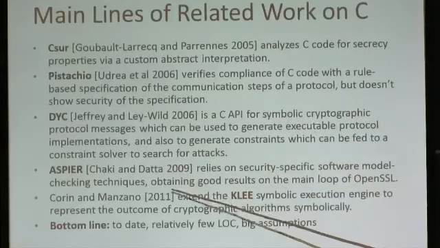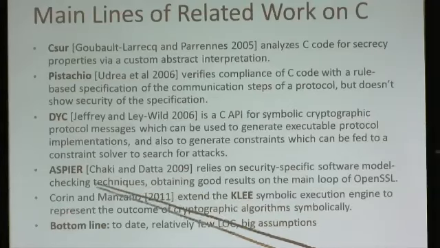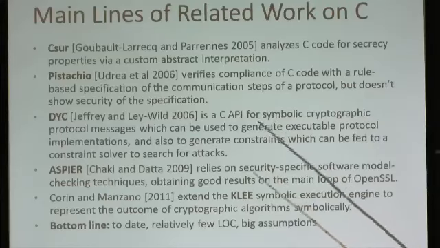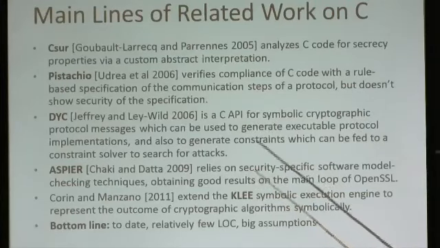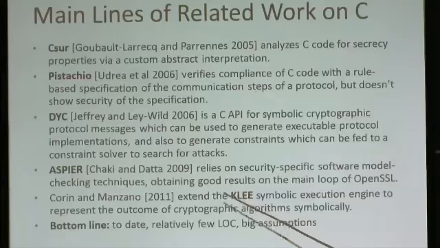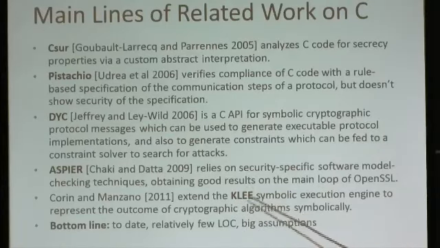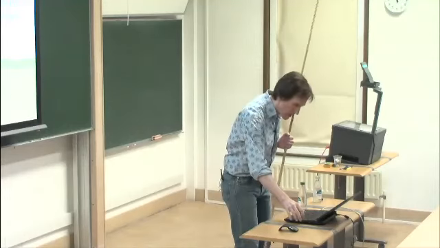A much more substantial project was Aspire, done at CMU by Chaki and Datta, and they were able to prove results about the main loop of OpenSSL, but to do so they did a lot of abstraction about what other subroutines called from the main loop were doing. We really only abstract the behavior of crypto operations, but they were abstracting much bigger chunks of code. So bottom line, to date this is still quite an open area, and the state of the art is still relatively few lines of code and makes quite big assumptions.